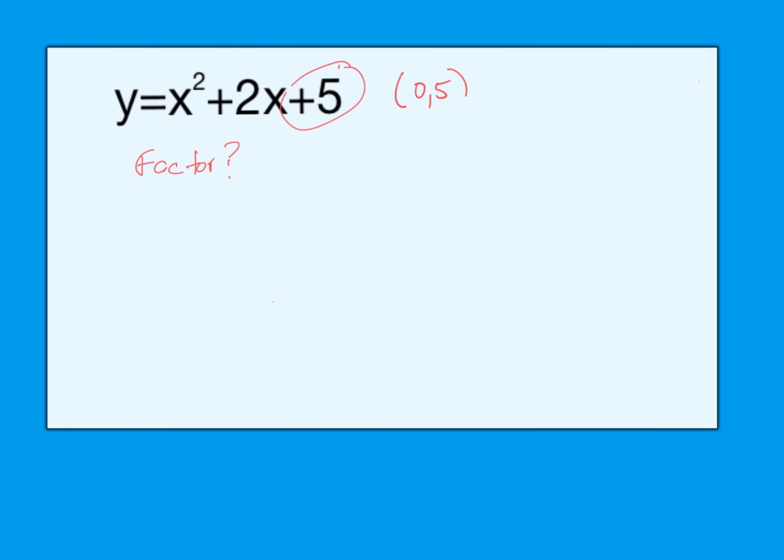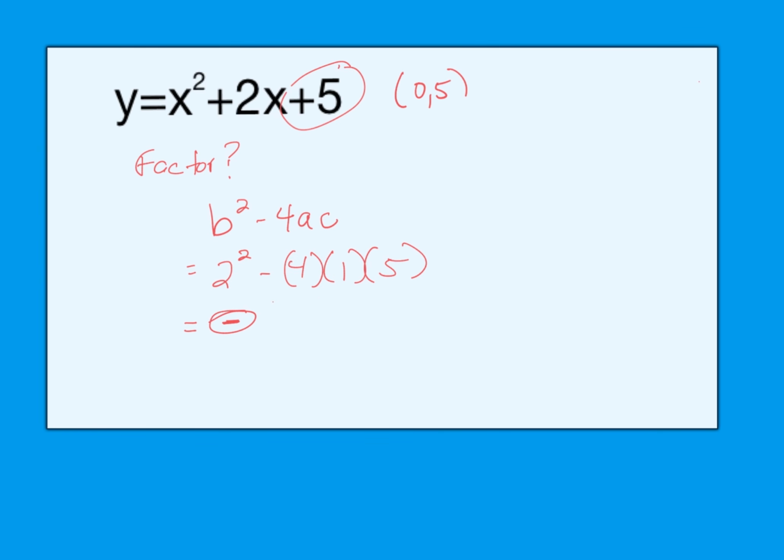Okay, let's check the discriminant: b squared minus 4 times a times c. That's going to equal 2 squared, because that's b, minus 4 times a, which is 1, times c, which is 5. That's equal to a negative number.